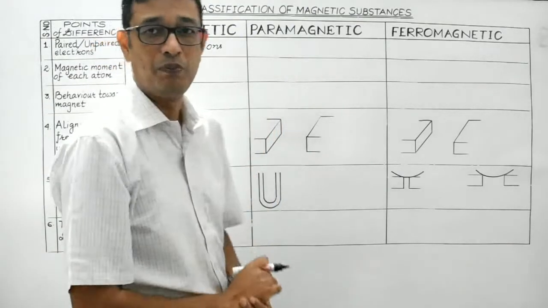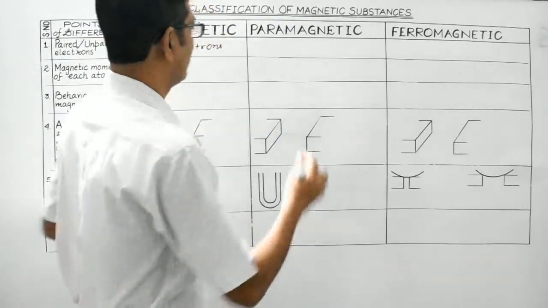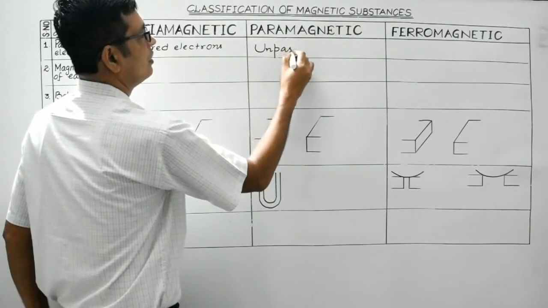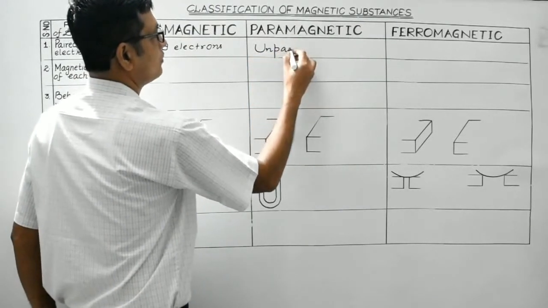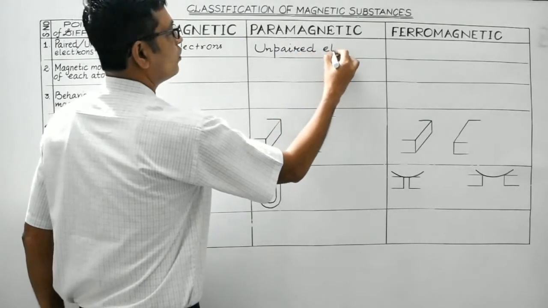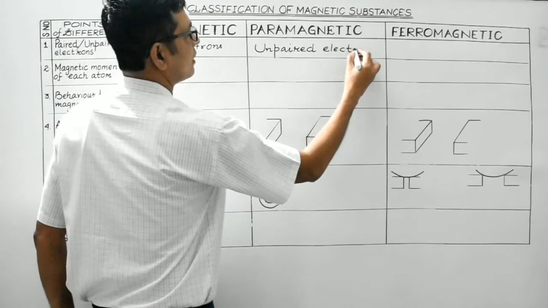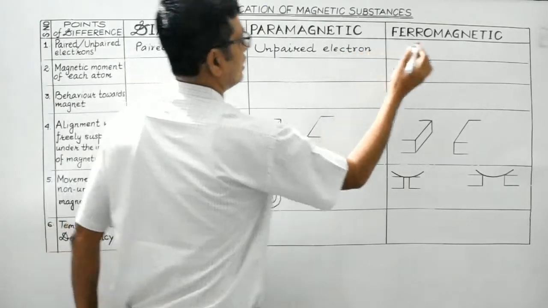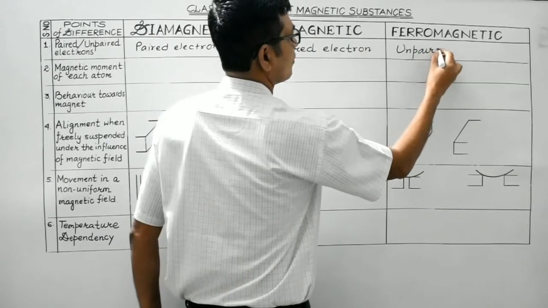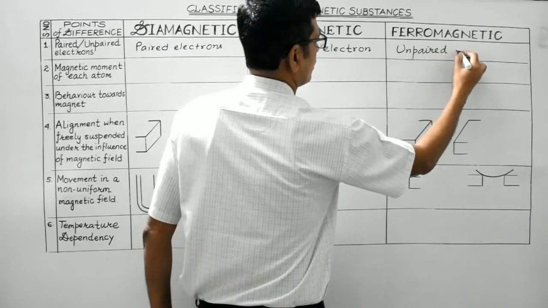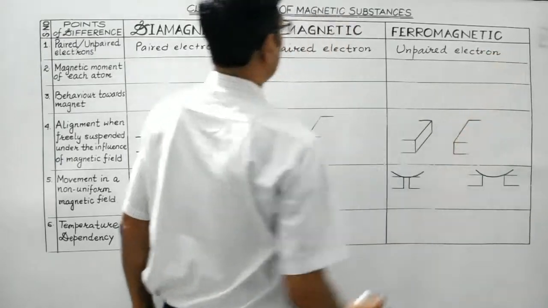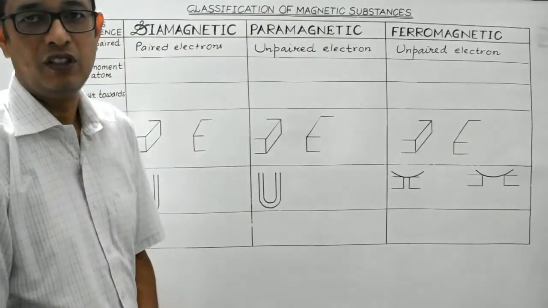Para and ferro both possess unpaired electrons. So in this case, both para as well as ferromagnetic substances possess unpaired electrons. This is one of the basic differences between dia-para or dia and ferro.